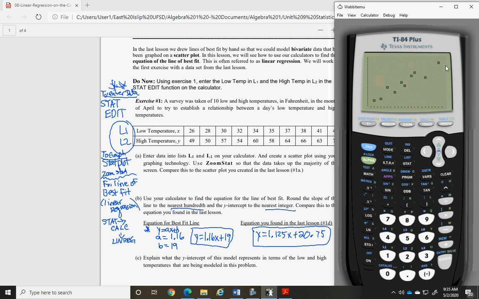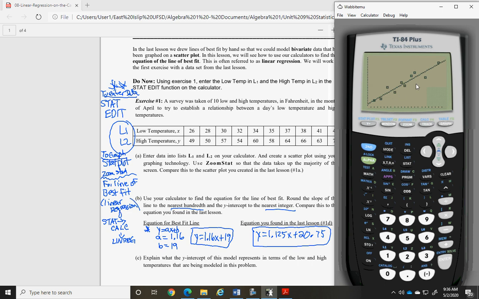But if I want to see the line going through that, go to your y equals, clear out whatever you have there, and type in what the calculator found. So we have y equals 1.16x plus 19. From here, again, we already have our window set up exactly how we want it, so just hit graph.